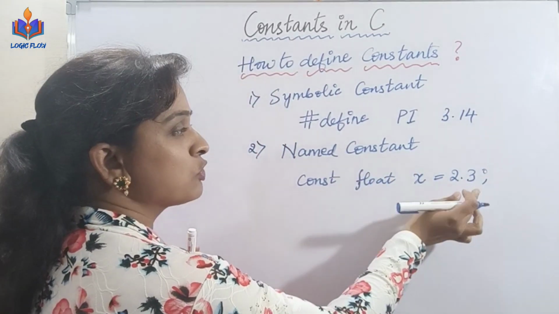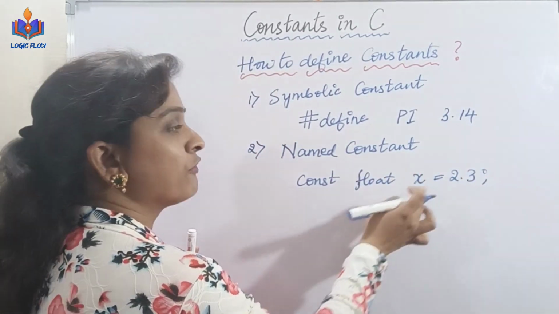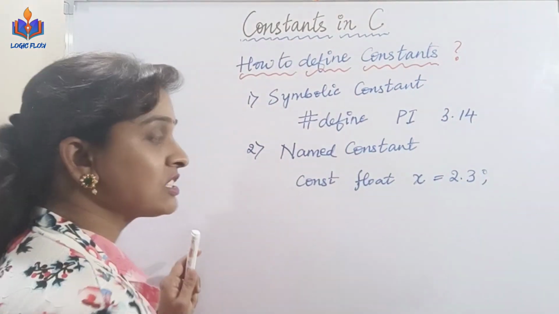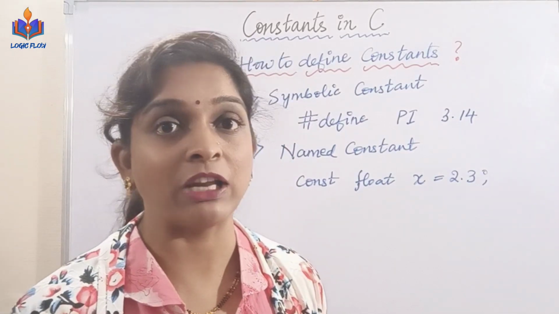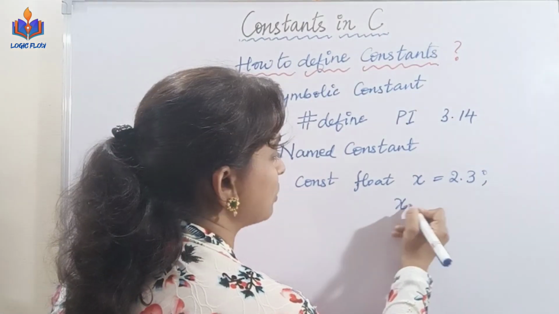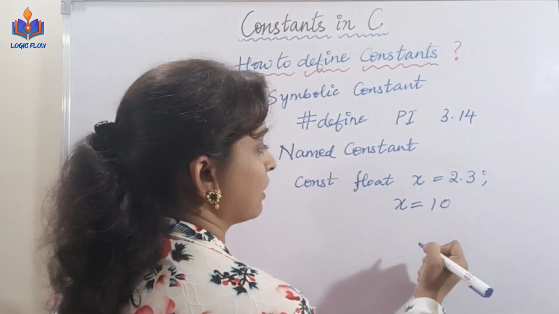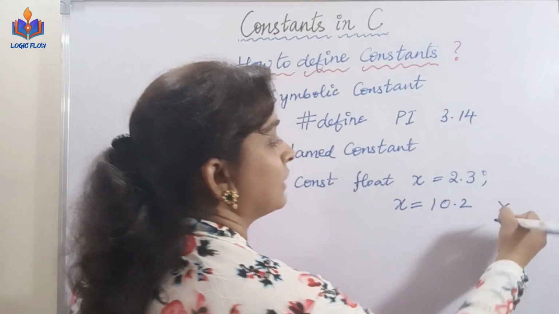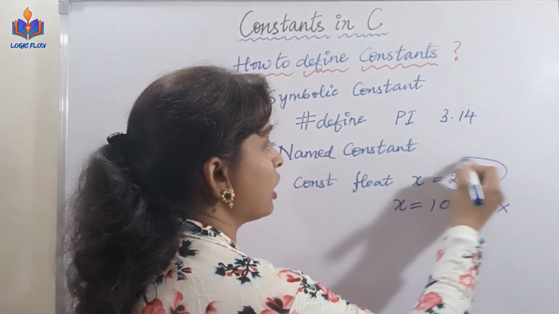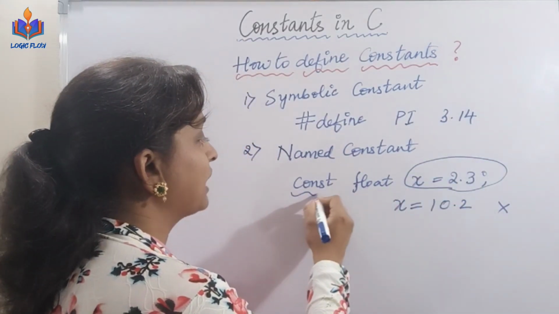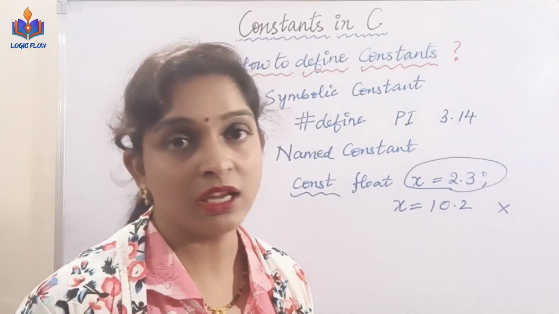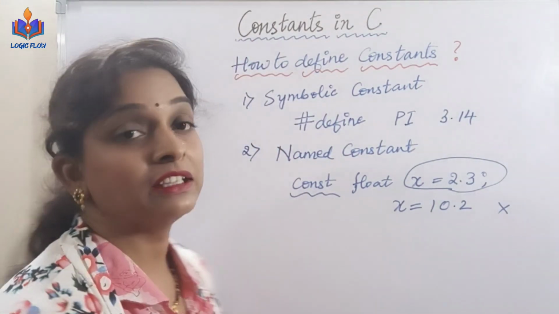This value 2.3 is fixed for the variable x, and it remains a constant value. I cannot change this value even during the execution of the program. If I try to change this value, x equal to 10.2, then you get an error, because the constant that we have defined here is treated as a named constant, and it cannot be changed during the execution of the program. So this is the named constant.